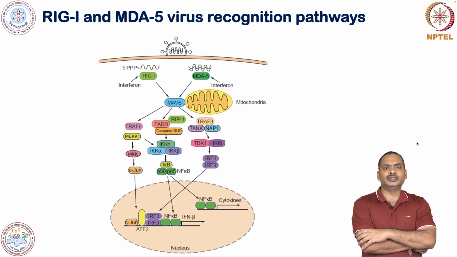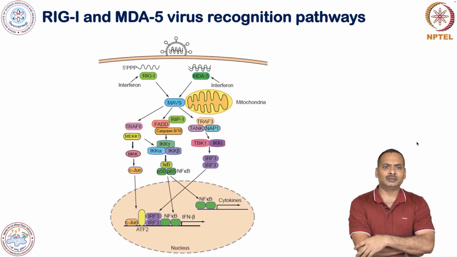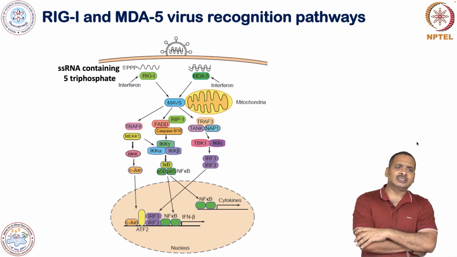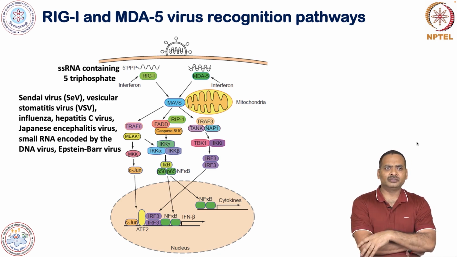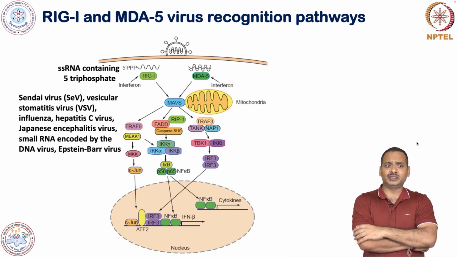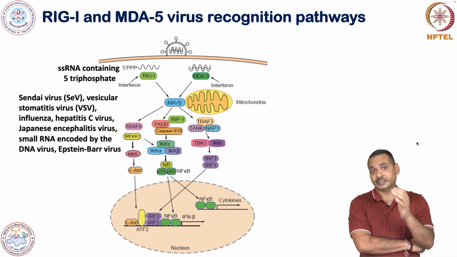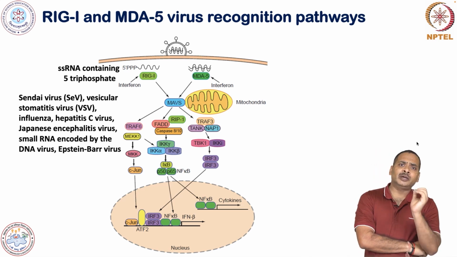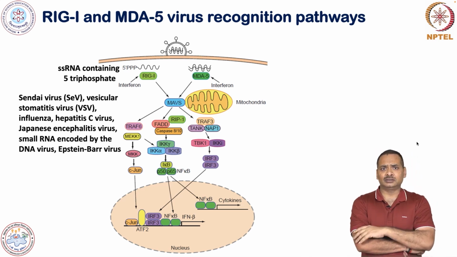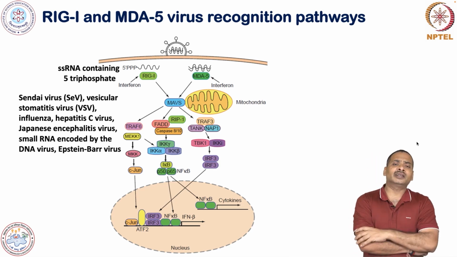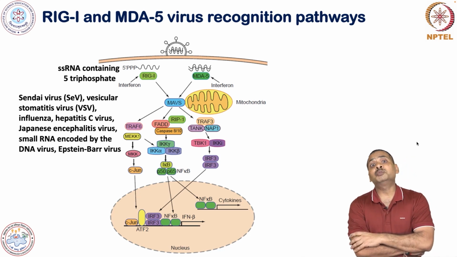So, here is this RLR pathway, I am just showing you again. RIG-I basically senses 5' triphosphate, as you are very well aware. Here is some new information: besides Sendai and VSV, they can sense the influenza virus, hepatitis C virus, Japanese encephalitis virus, and also the small RNA encoded by DNA viruses such as Epstein-Barr virus.